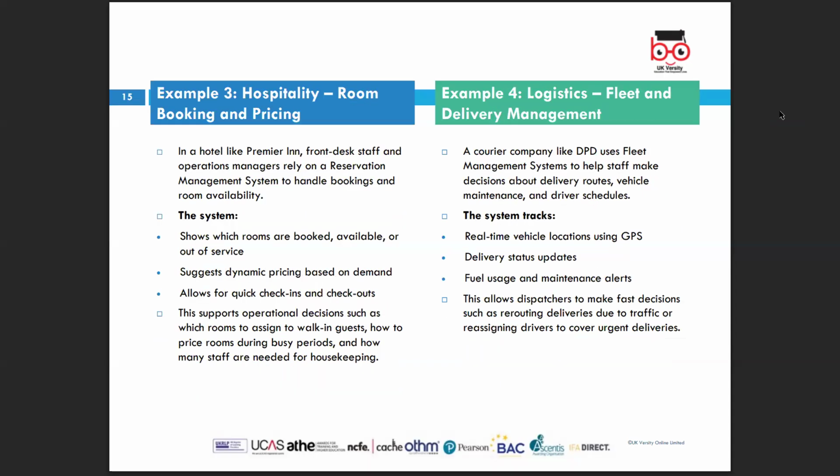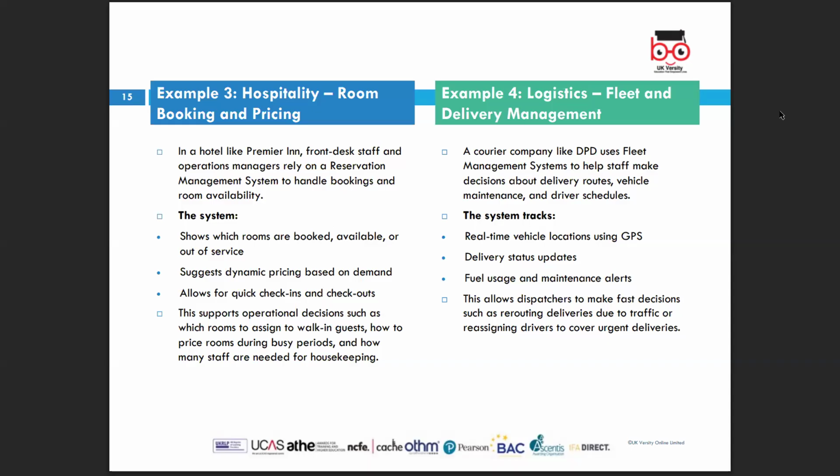In hospitality, we're now looking into room booking and pricing. For example, Premier Inn has front desk staff and operational managers, and they rely on a reservation management system, which helps them handle booking and room availability. So what does this system do?